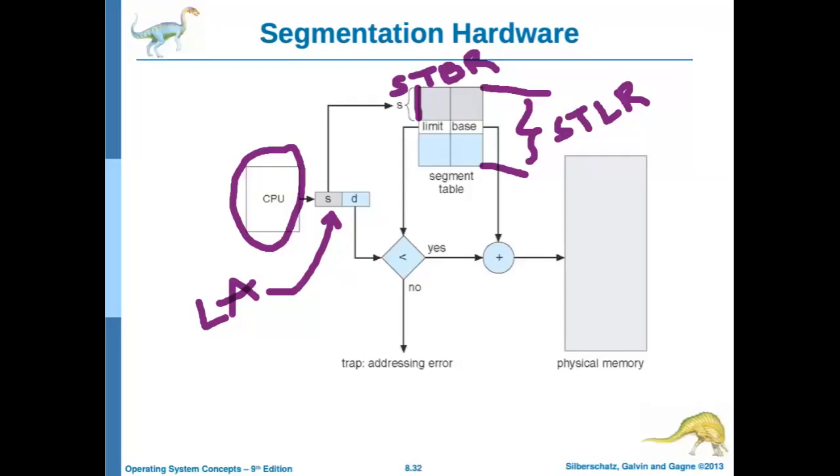Okay, so that means once we consult the entry for that particular segment S, we'll take the limit register part out of that, and we'll check that limit with the displacement. So here the condition is that the offset D should be less than limit.